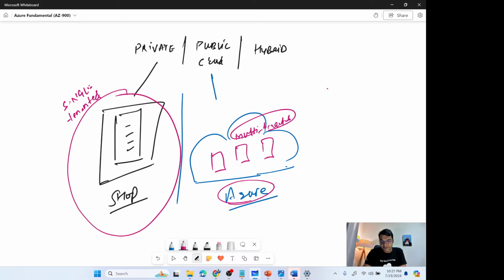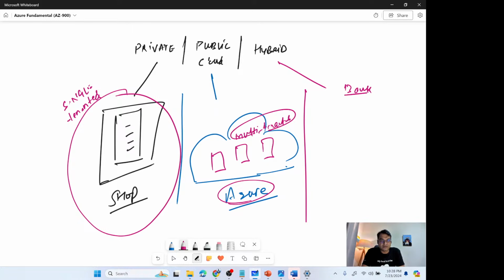Hybrid cloud is basically when you imagine a bank. Imagine a bank, right? A bank is dealing with a lot of private data, customer sensitive data. Or imagine a government entity, like Ministry of Defense or Ministry of Home Affairs, etc. As much as they want to adopt public cloud and shut down their data centers, there would always be some data sensitivity issues or data residency issues, right?